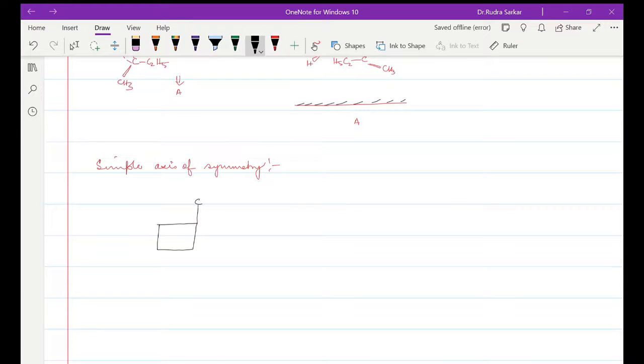So there is a carbon over here. There's a carbon over here, and that is your C2H5. This is your hydrogen, and that is your CH3.